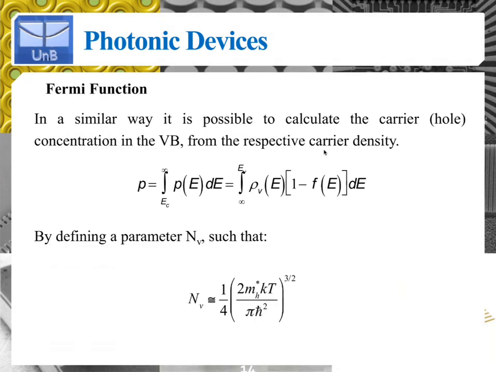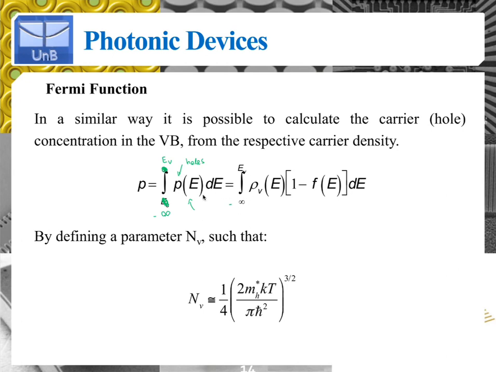Now, similarly, we can perform the same integral of the hole carrier density P of E. So this is for holes. In order to find the hole carrier concentration in the material in the valence band, the integral should be from minus infinity to EV.